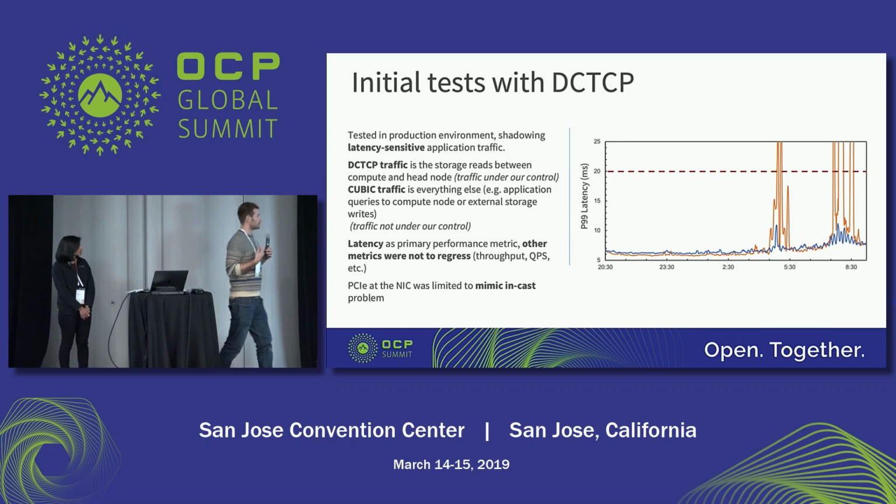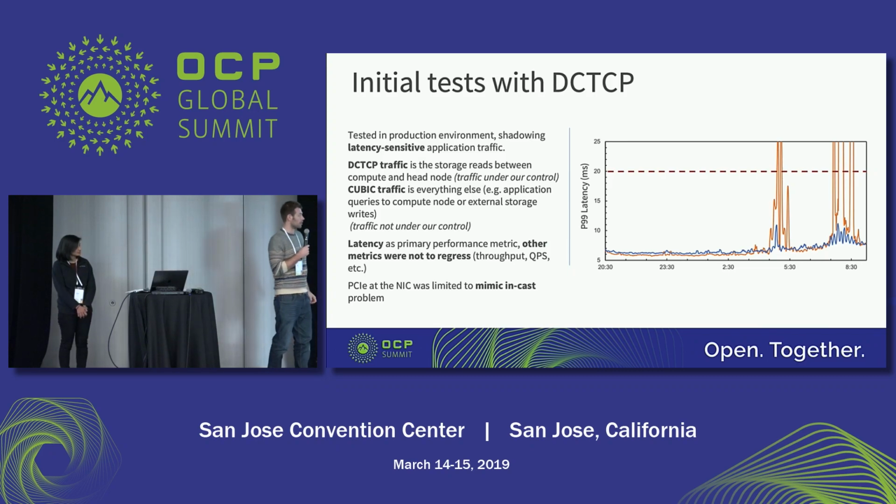Actually at first we didn't even need the iPerf traffic to be able to show the results we wanted to show. This is some application data traffic, and this is the actual latency at P99 for the queries of that application.